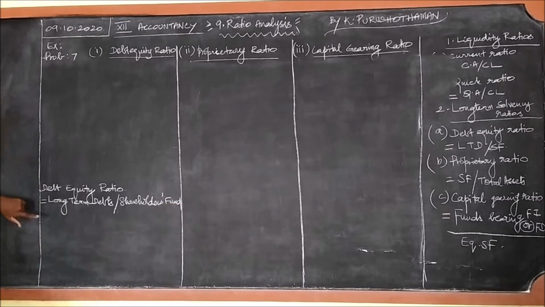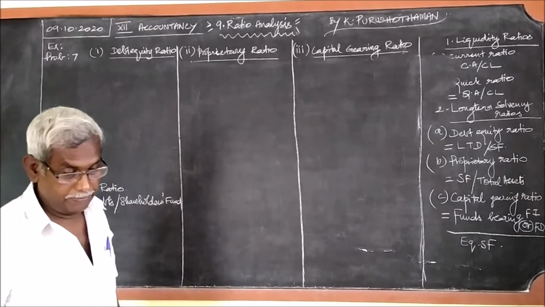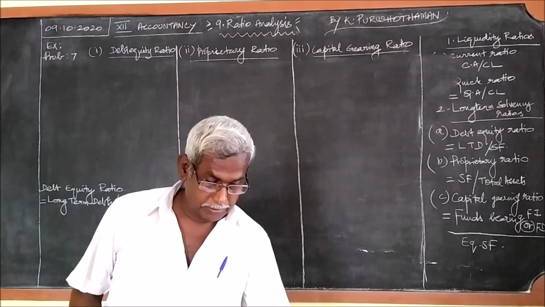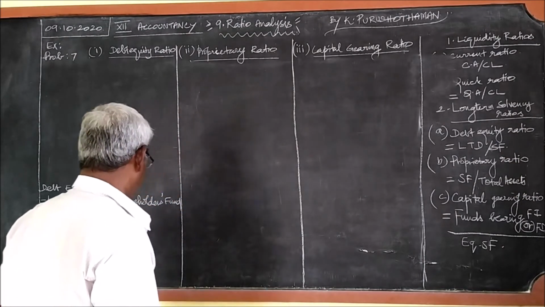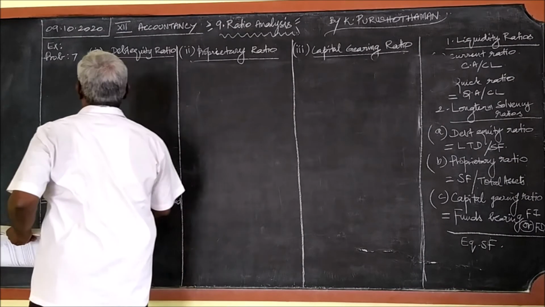So we should find the items for long-term debts and shareholders fund. What is given for long-term debts? The only and the one item is the long-term borrowings. That is for numerator.